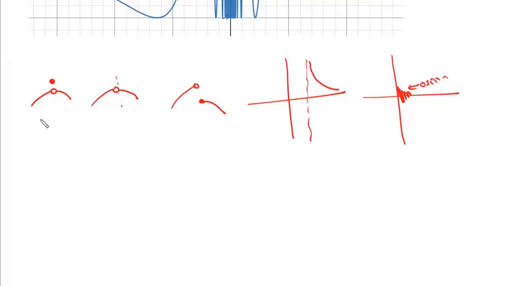These first two cases are called removable discontinuity, and these three cases are called non-removable discontinuity. And we can work out this discontinuity and types of discontinuity using graphs as well as using analytical methods.